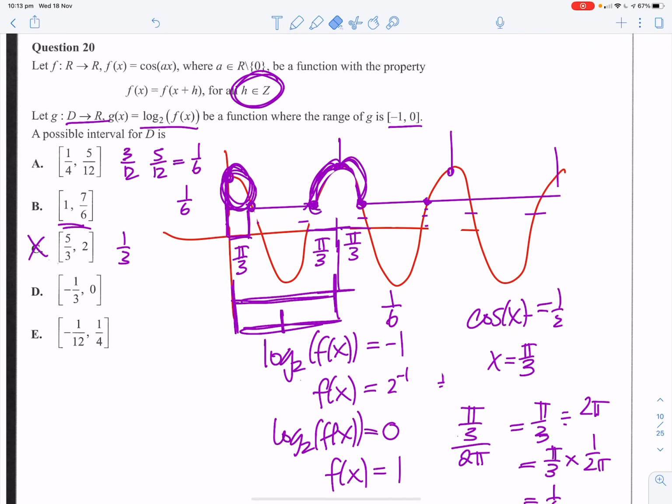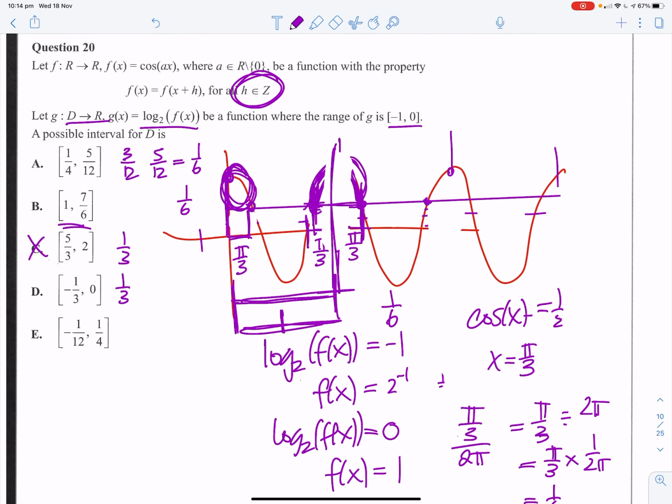Because that, if we went from here to here, that would create a range from, because if I went from there to there, that's 1/3 of a full graph. That's also a third.